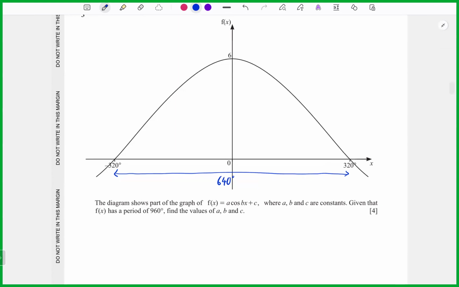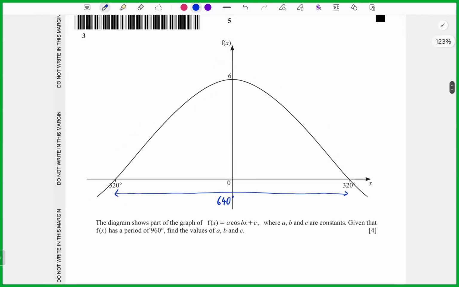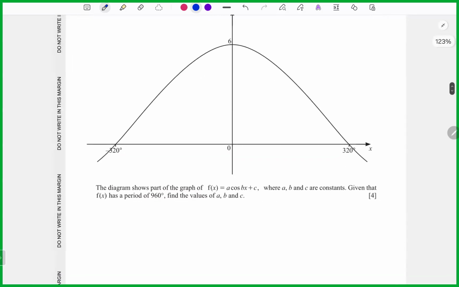Okay, now we can try to find the a and c. Okay, now I know it.